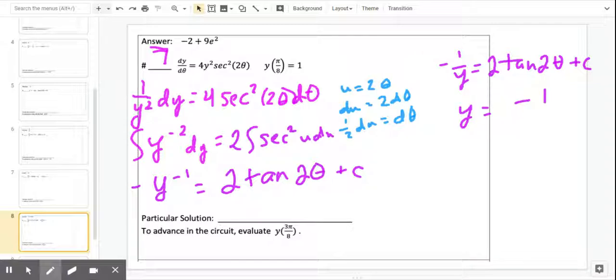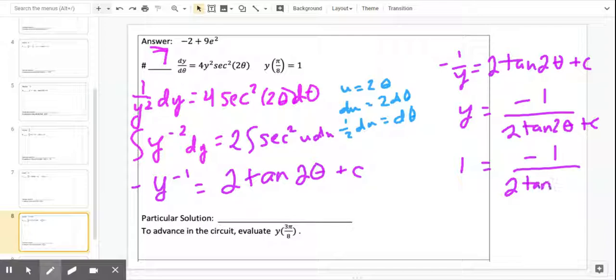So we have negative 1 over 2 tangent 2 theta plus c. So now I need to use this information here to find the particular solution. So I need to find c. So 1 equals negative 1 over 2 tangent 2 times theta, which is pi over 8, plus c.